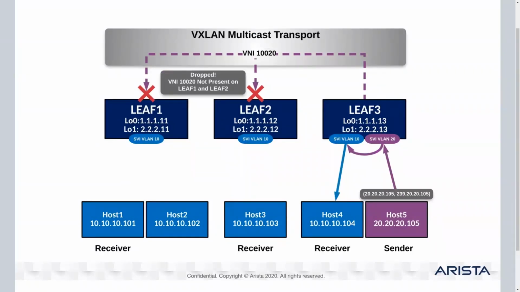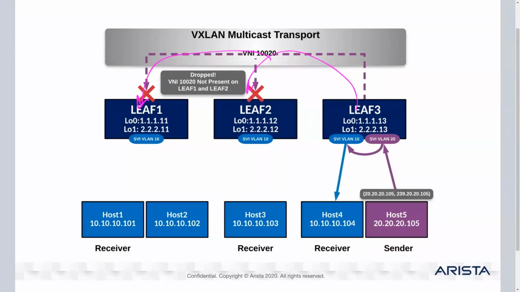So once the VxLAN encapsulated multicast feed is received, leaf 1 and leaf 2 would then inspect the VxLAN header, see a VNI that isn't locally present, they'll ask, how did I get this to begin with? And then essentially drop the packet. And sadly, host 1 and host 2 never end up receiving the feed from host 5.